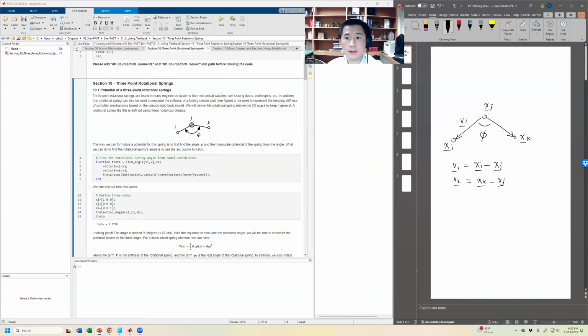The way we can find it is basically using the cosine rule, right? So we know that the cosine of this phi angle is basically the dot product of these directional vectors. So we want to make it a unit vector for the v1 and also for the v2 here. And that is basically a dot product between the two, right?